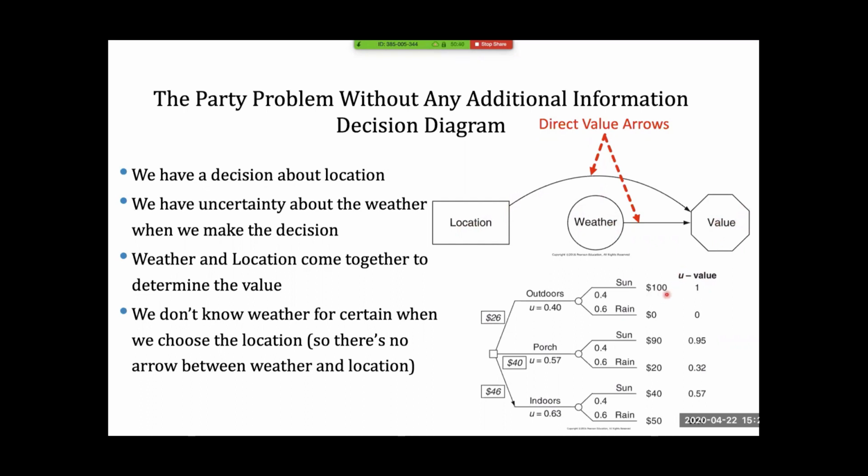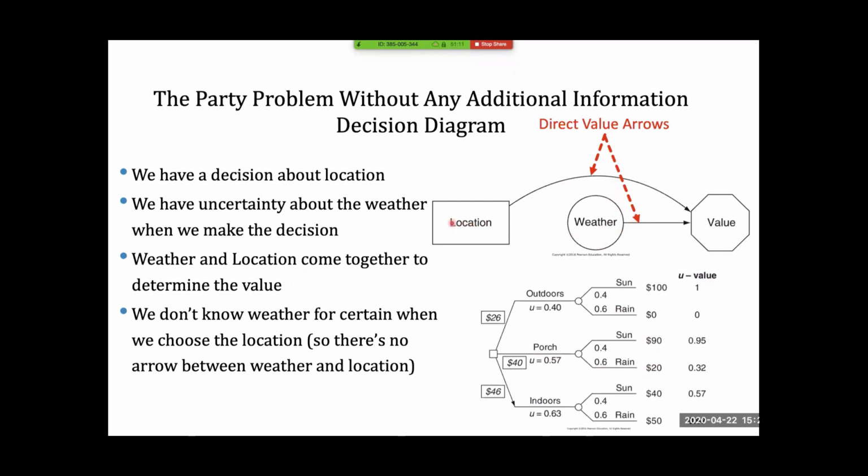No uncertainty about this $100. Also, if we have decided to have the party on the porch and the weather turned out to be a rainy day, then jointly those two observations will determine that Kim will have a party of $20 value. Porch, rain, $20. So these two arrows are direct value arrows.